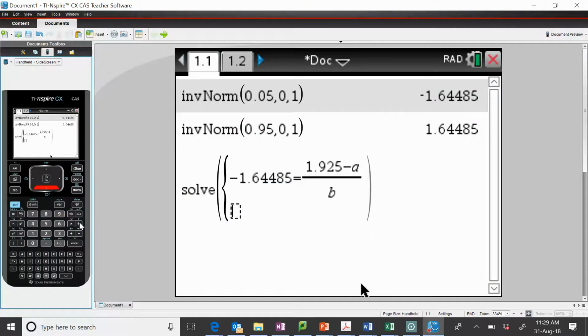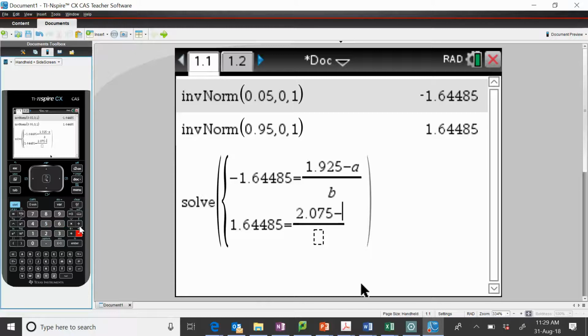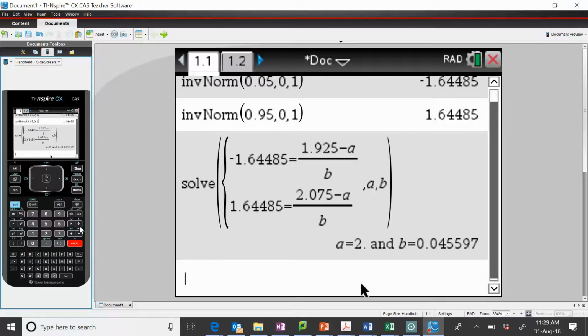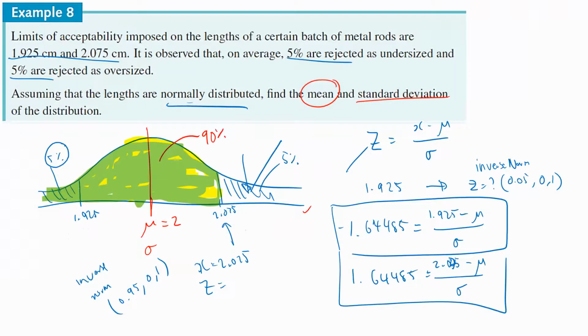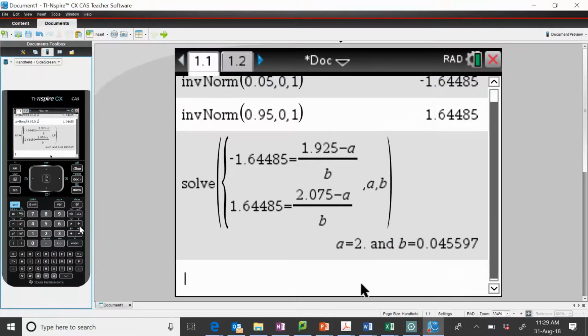Okay, and then my second equation was 1.64485 is equal to, and then I'll do the same thing again, 2.075, take away A, divided by B, solve for A, solve for B. Okay, so I got my two equations there, got two unknowns, press enter, and voila. A equals 2, A is your mu, and you got your standard deviation, which is 0.045, but unless they told you to round it to some decimal, no, didn't really say, no.